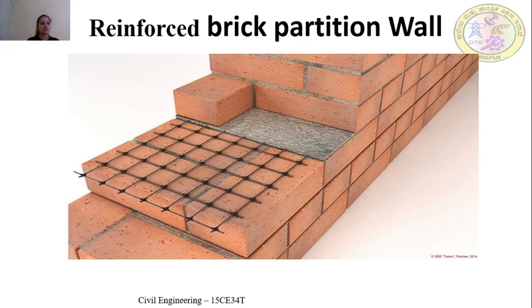Okay, next type is the reinforced brick partition wall. In this particular picture you can observe the brick partition wall with reinforcement. This type of wall is almost similar to plain brick partition wall, except that at every third or fourth course the reinforcement which you are seeing here is provided.